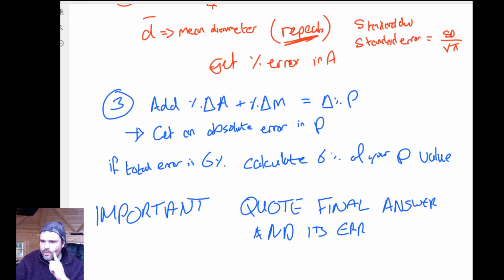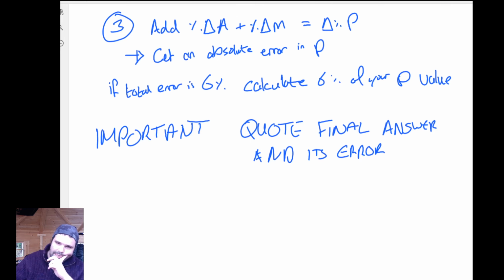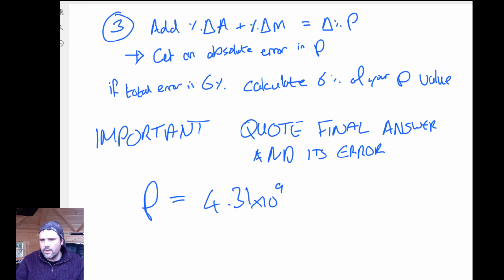I'm aware that this scribbling is the sort of handwriting of a madman, but put that down to many, many things. So, for example, you would give your resistivity, really obviously written somewhere, as 4.31 times 10 to the power of 9 pascals, plus or minus whatever it is, 0.5 times 10 to the power of 9. But that's not very tidy.